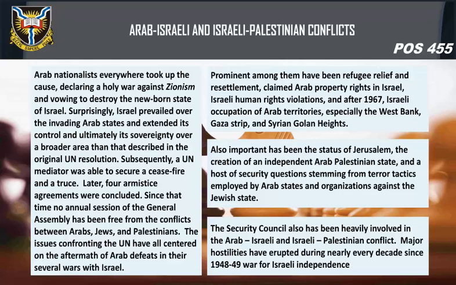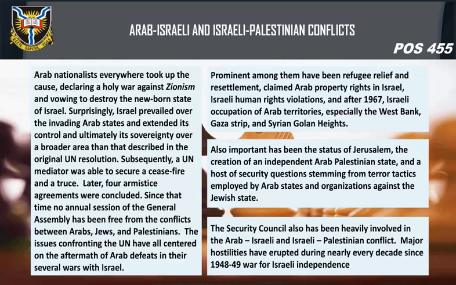Since that time, no annual session of the General Assembly has been free from the conflict between Arabs, Jews, and the Palestinians. The issues confronting the UN have all centered on the aftermath of Arab defeats in their several wars with Israel.